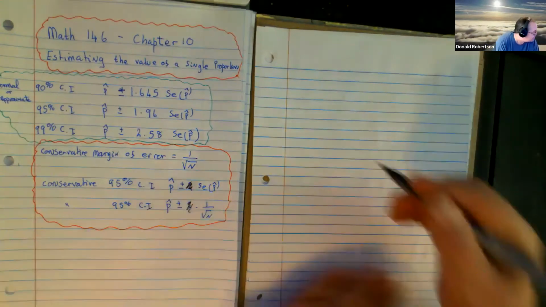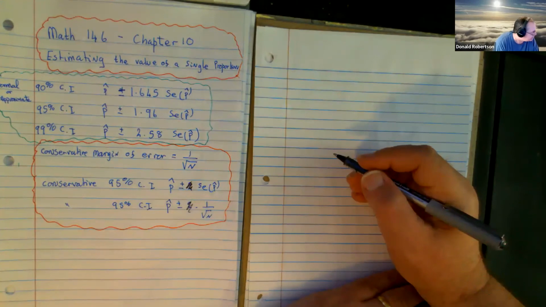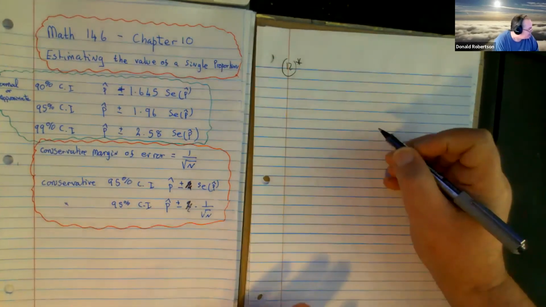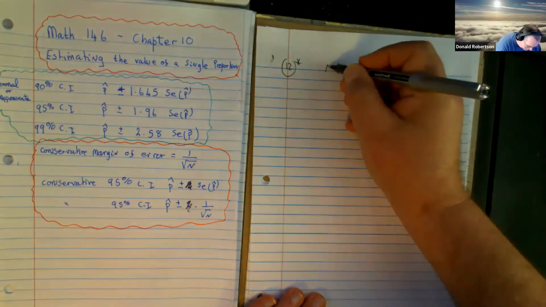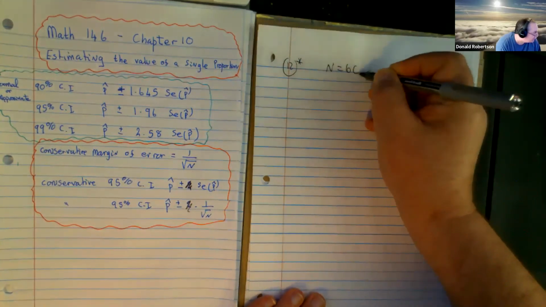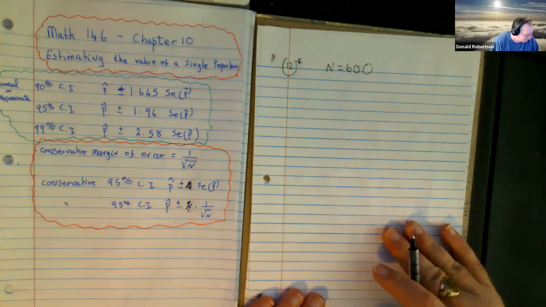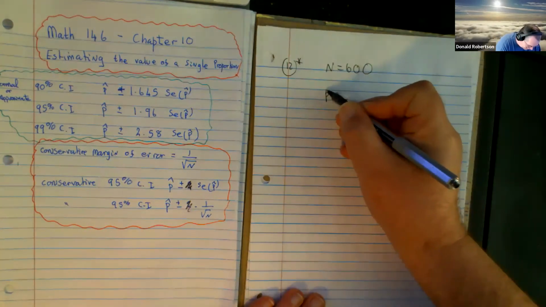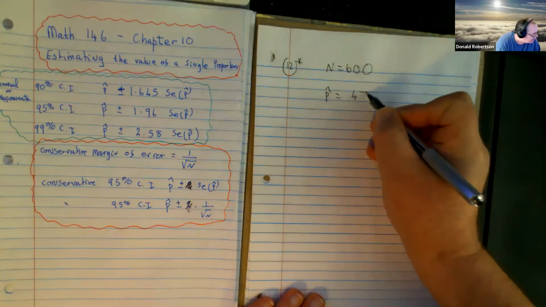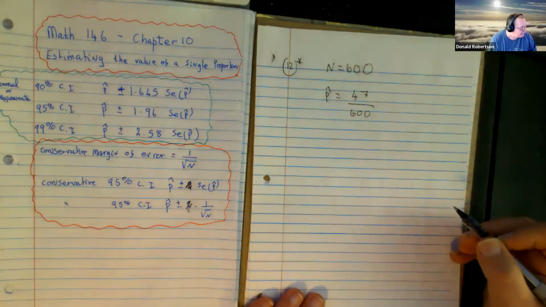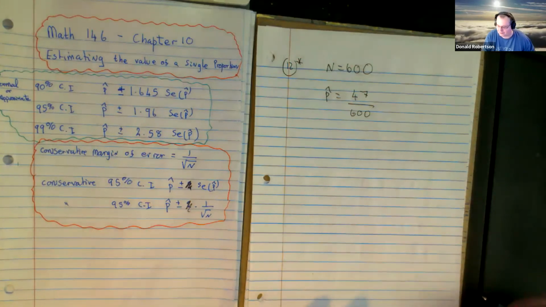So this is question 12, my version of it. Suppose that you take a random sample of 600 people who are employed. And in this story, 47 out of 600 said they would fire their boss if they could.